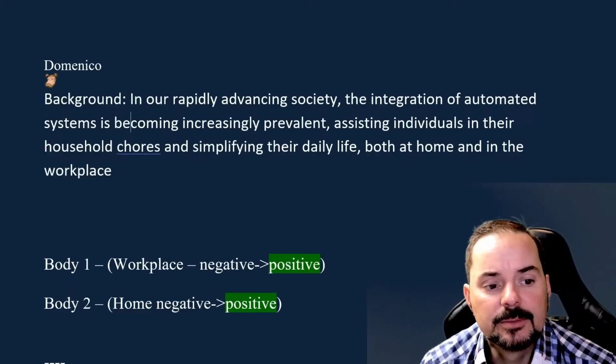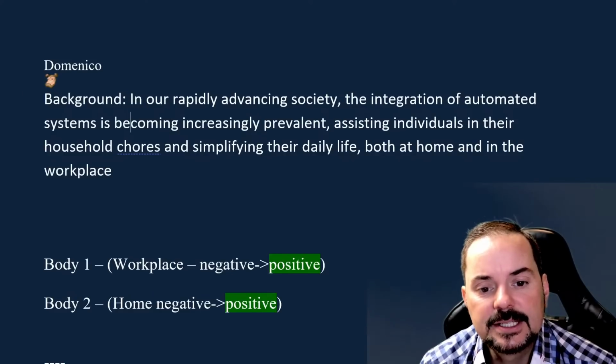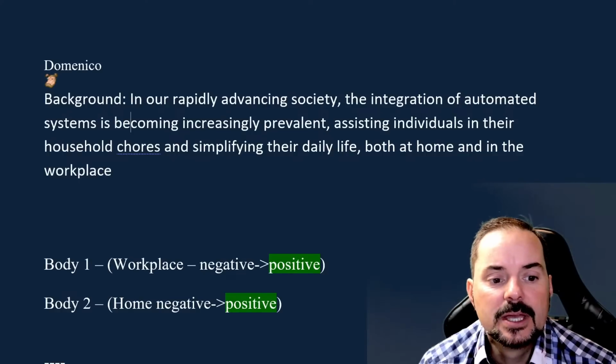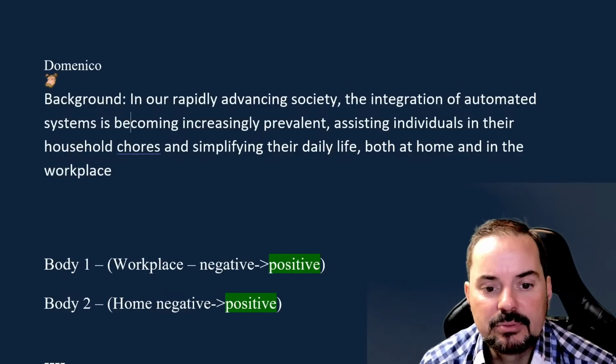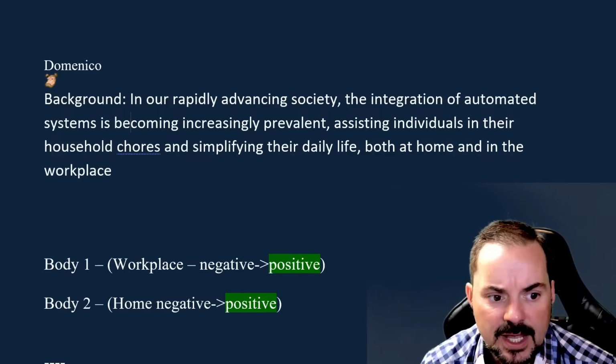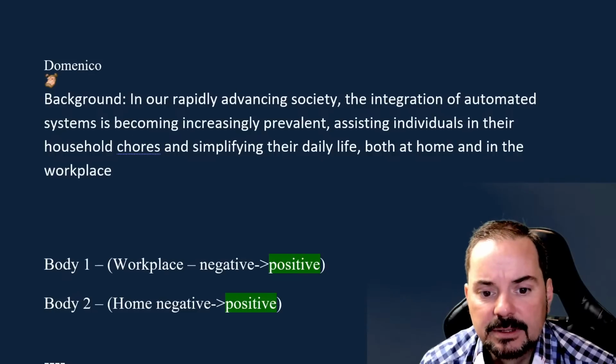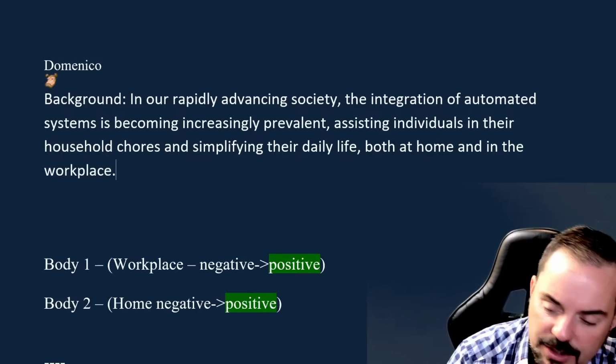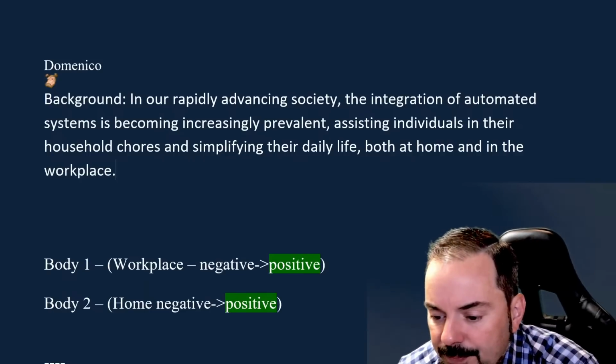So notice here, Domenico says, in our rapidly advancing society, the integration of automated systems is becoming increasingly prevalent, assisting individuals in their household chores and simplifying their daily life, both at home and in the workplace. What do you think is going to be my correction here for Domenico?